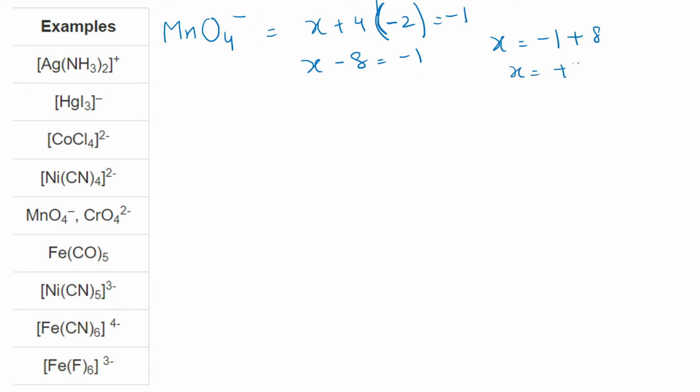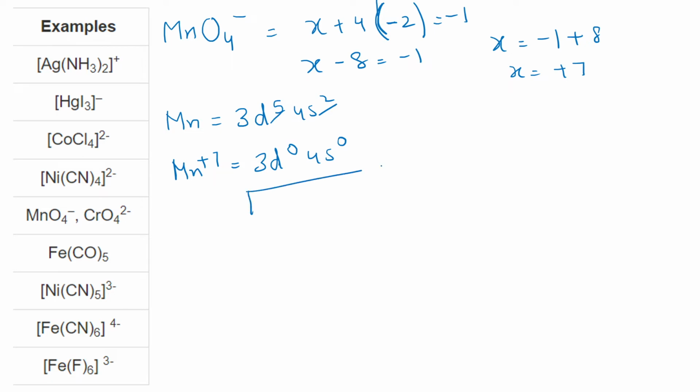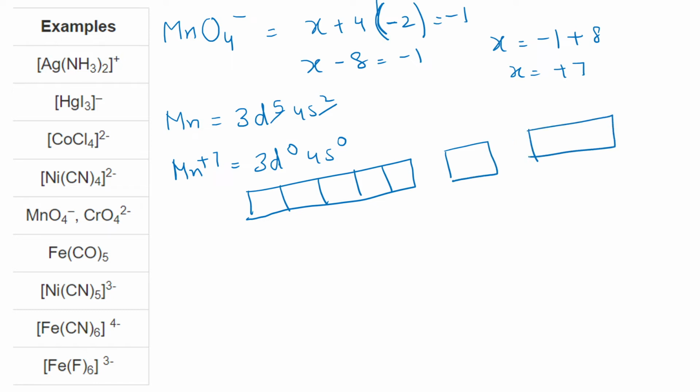X is equal to plus 7. What is the oxidation state of manganese? Manganese has electron configuration 3d5 4s2. If manganese has a charge of plus 7, all 7 electrons are lost. 3d is vacant. So for manganese 7, we have an empty 3d, empty 4s and empty 4p. No electron is present in 3d, 4s and 4p.